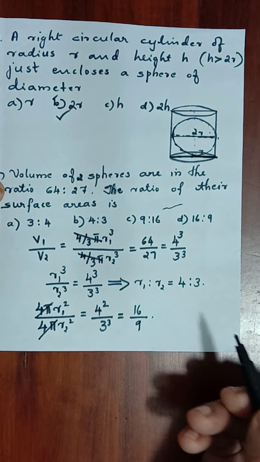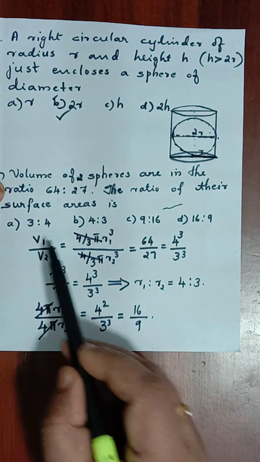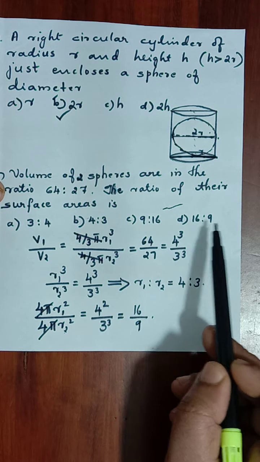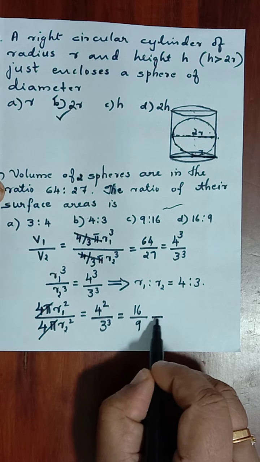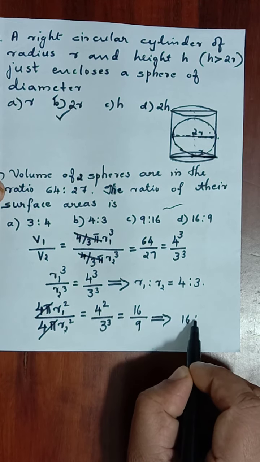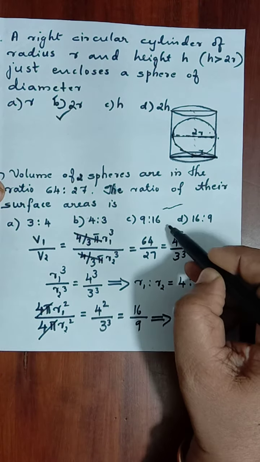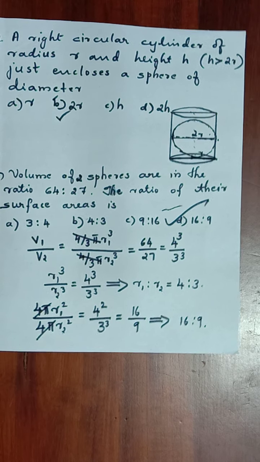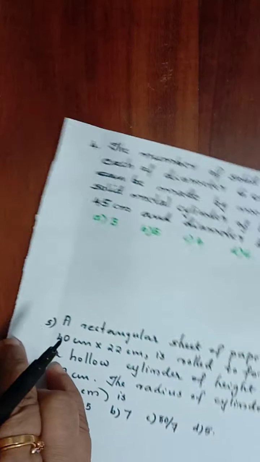So the required ratio is 16 is to 9. So the answer is D, 16:9.